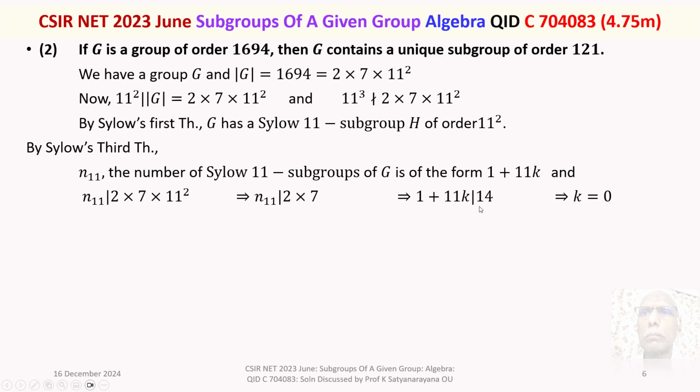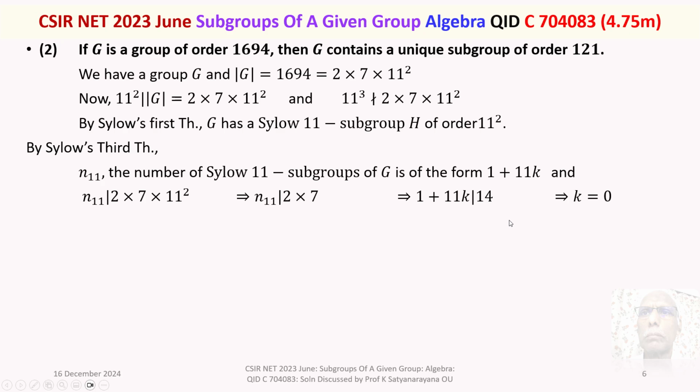Keeping the various non-negative integer values of k, we get: for k equal to 0, it is true, 1 divides 14, and we go on verifying for the other values. For k equal to 1, it is 1 plus 11, 12, and 12 does not divide 14. For k equal to 2, 22 plus 1, 23 does not divide 14, and as k grows, this will become bigger than 14.